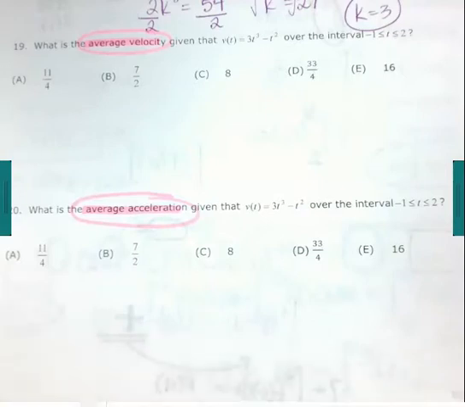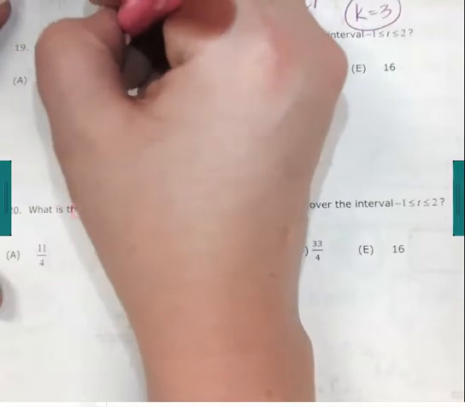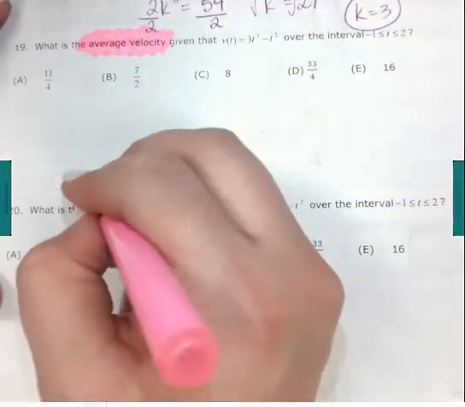So, look at your last 2 questions. Mark which one you think is which. Okay, don't say it out loud. Just think about it in your mind. In your mind, decide which one you think is which. They both say average, but now there are 2 averages.